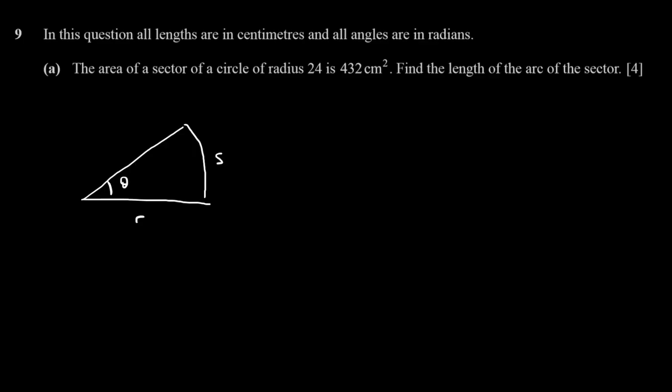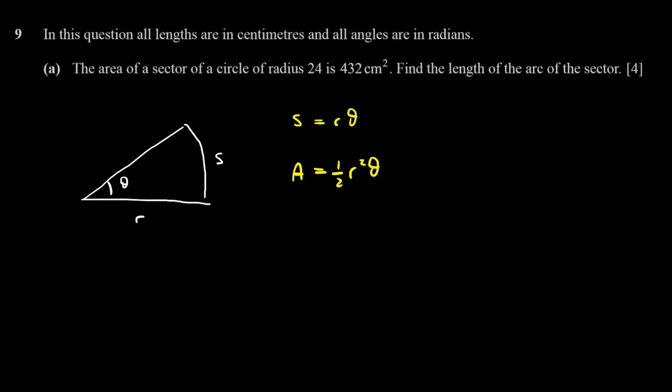Now, what are the formulas that we really need to know? The arc length is equal to r theta, and the area is equal to a half r squared theta. This only works if we're using radians, of course. So if we're told the area of a sector of a circle of radius 24 is 432, we can just substitute that into our area formula.